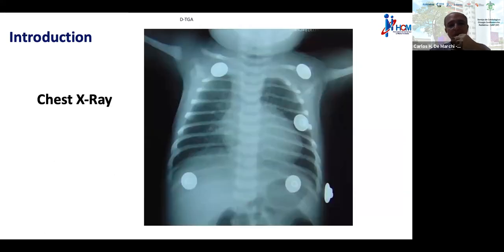Then do a chest X-ray, and if you look without much attention, some people can say that this is a normal heart size, but it looks egg-shaped. The X-ray is important to exclude lung disease.